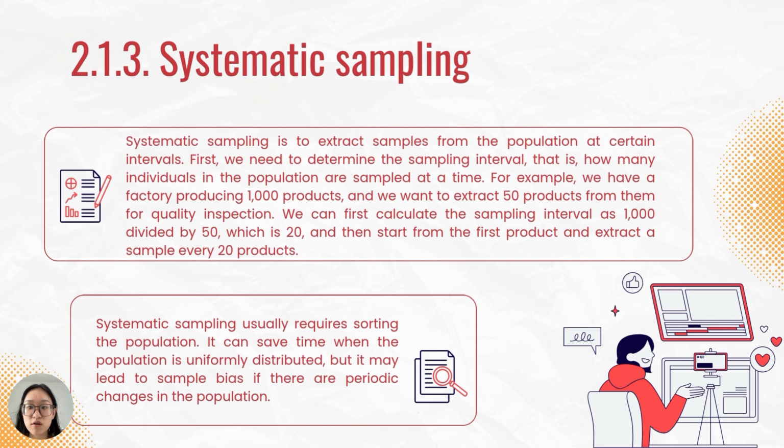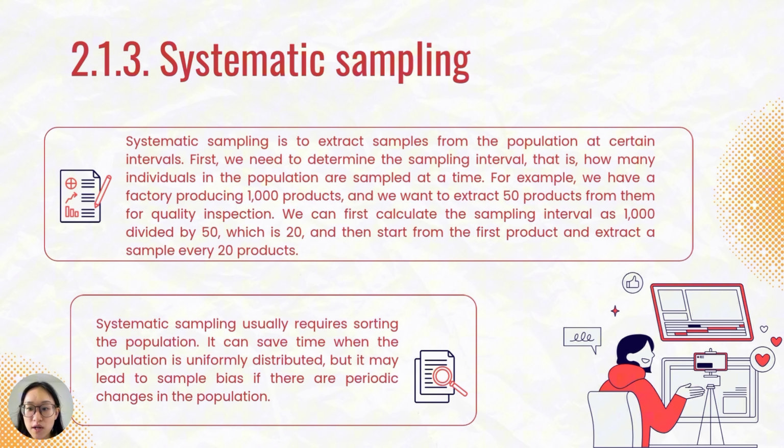For example, a factory produces 1,000 products and we want to extract 50 of them for quality inspection. Then we can first calculate the sampling interval, that is 1,000 divided by 50 equals 20, and then start from the first product and extract a sample every 20 products.